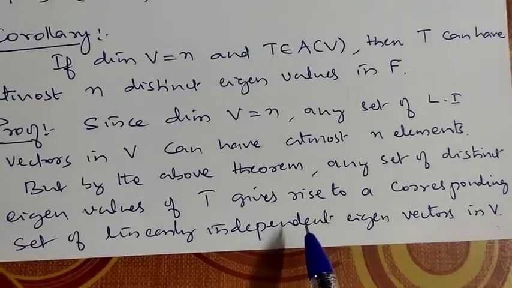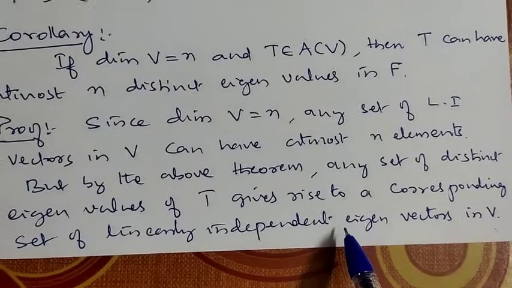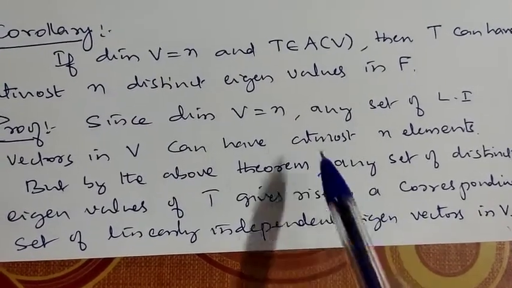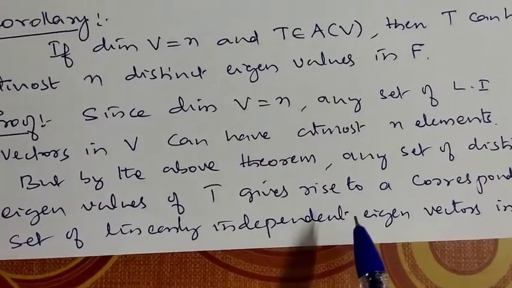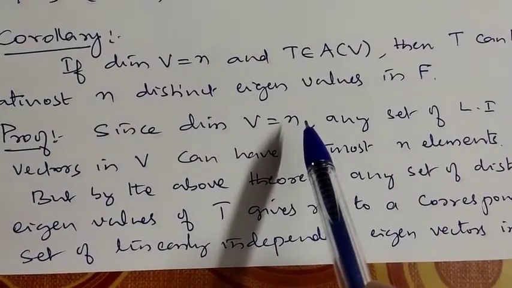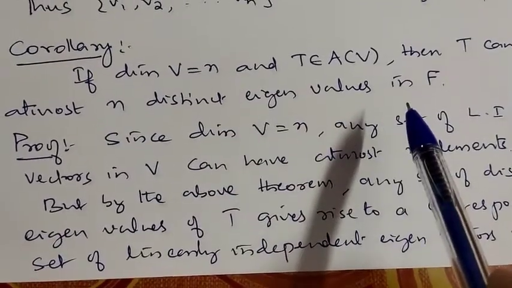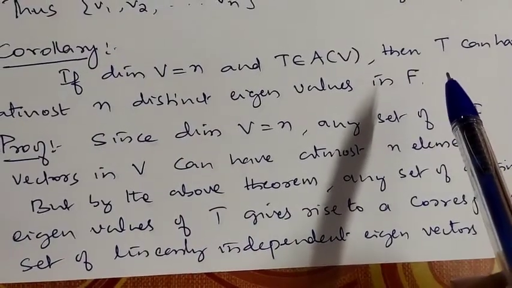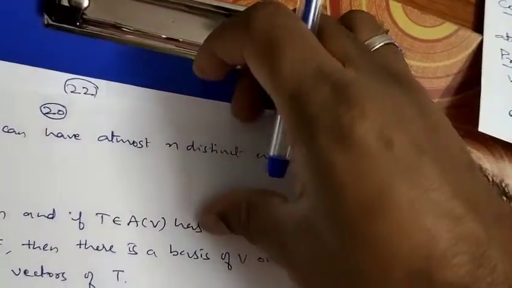So how many maximum eigenvectors exist here? n is the only possibility, because if more than n, it exceeds the dimension of the vector space. So if it is an eigenvector, it is linearly independent. Since the dimension of the vector space is n, there are at most n distinct eigenvalues for T. Okay. Next, the next corollary says, look here.